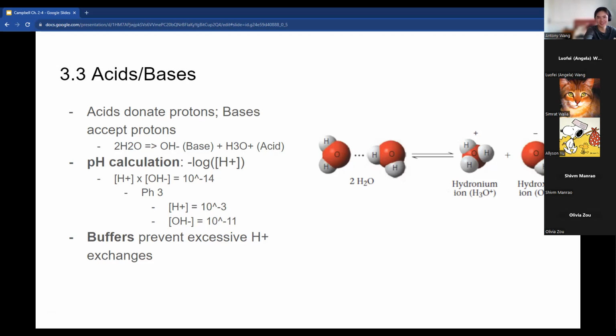Enzymes are very pH sensitive, so a slight change in pH can be very devastating. Like if your blood pH increases by 0.5, you die. So there are certain molecules like bicarb that can either take up hydrogens or release hydrogens, depending on whether the pH is too high or too low.